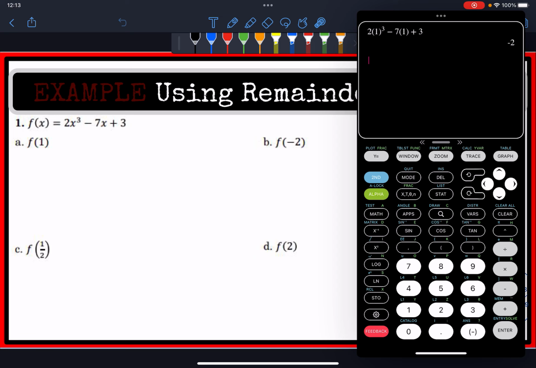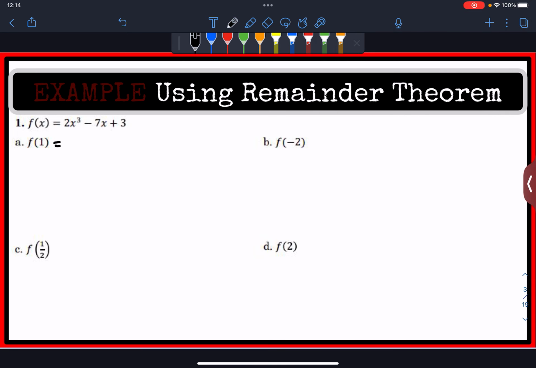Well, I can get this exact same answer of -2 by using synthetic division, or in this technique referred to as synthetic substitution. So I start by putting the 1, the value I'm going to substitute in, on the outside of my synthetic division setup.